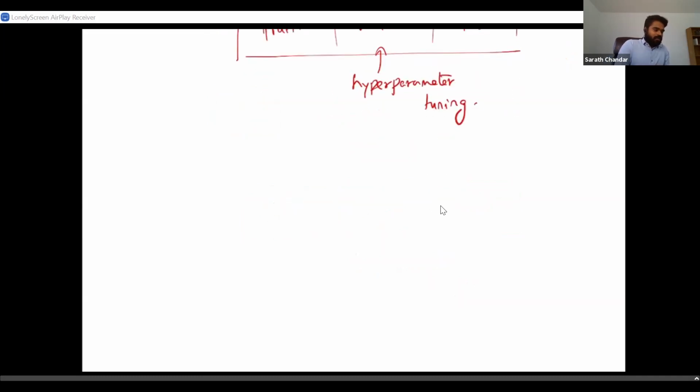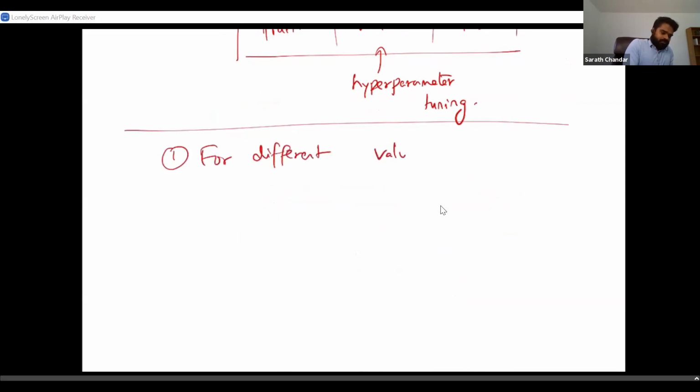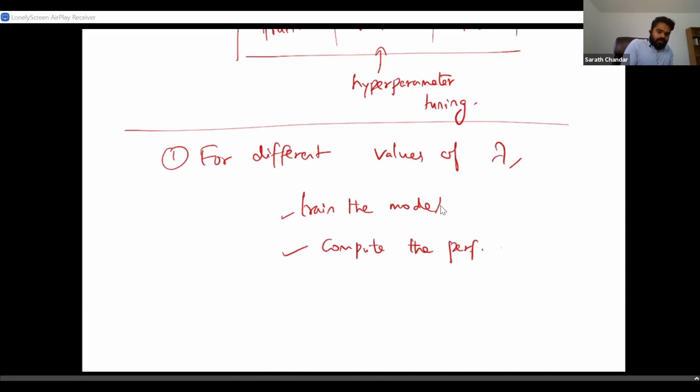Okay, so let me summarize the process here. The way in which we will typically find the lambda is like this. First, for different values of lambda, we will be training the model, and then we will be computing the performance in the validation set.